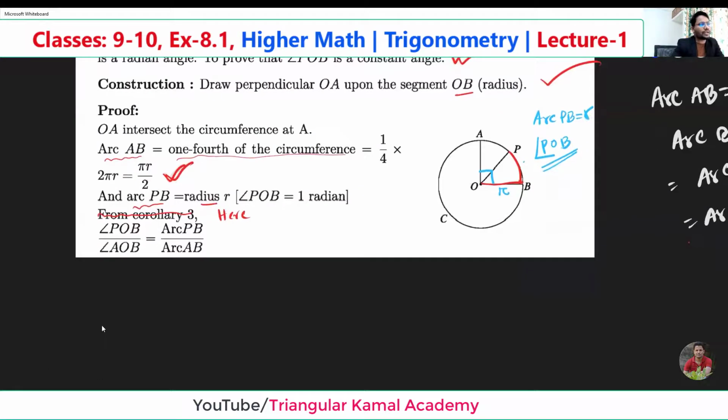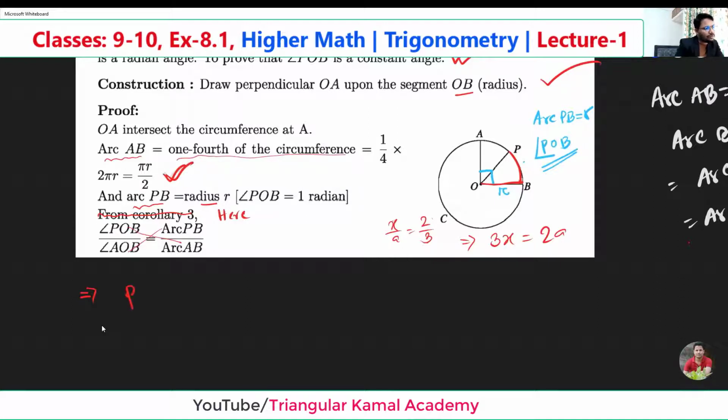If we do the cross multiplication here, what will be the result? Do the cross multiply like x by a is equal to 2 by 3. If we do the cross multiply, there will be x multiplied with 3. That means 3 times x is equal to 2 times a. In the same way, if we do the cross multiply here, POB angle with the arc AB and AOB angle with the arc PB.